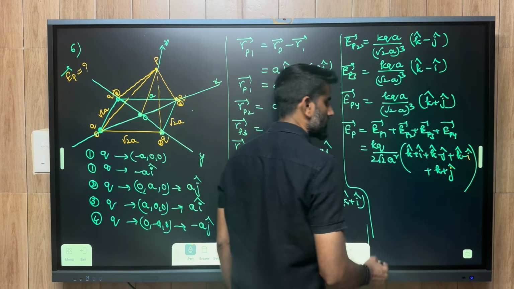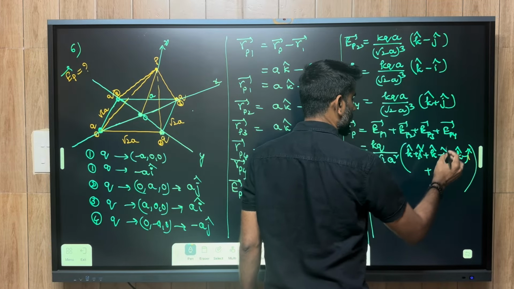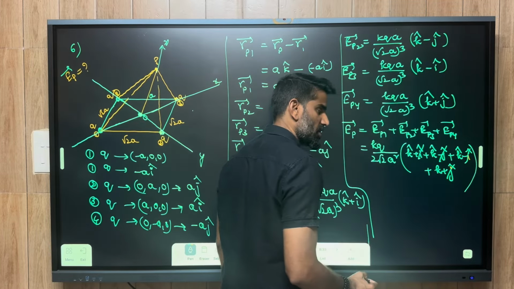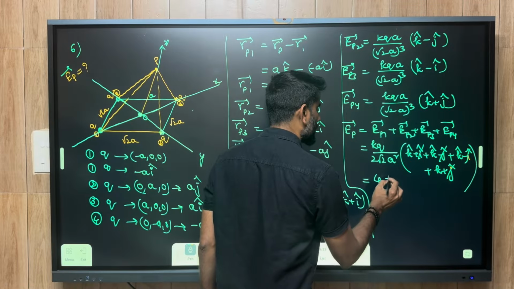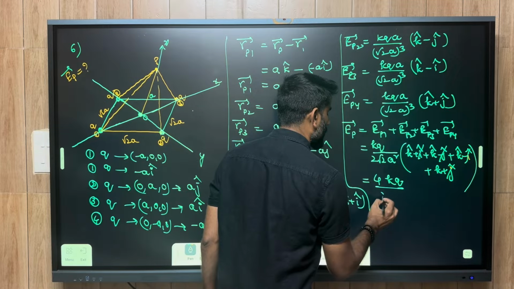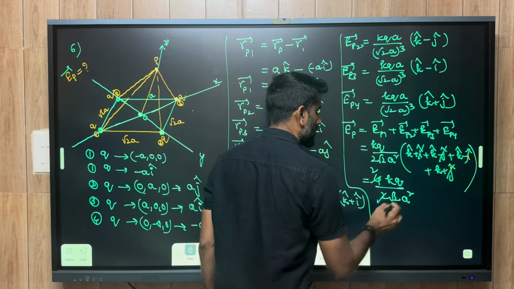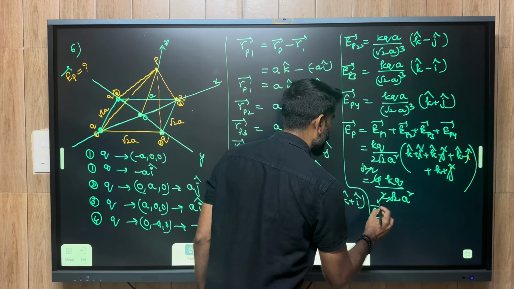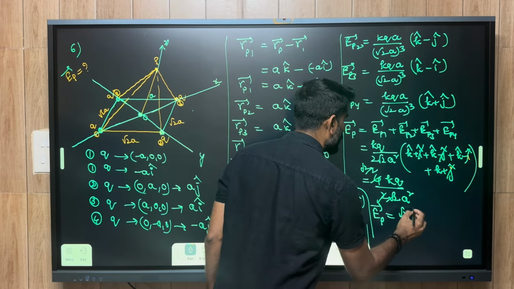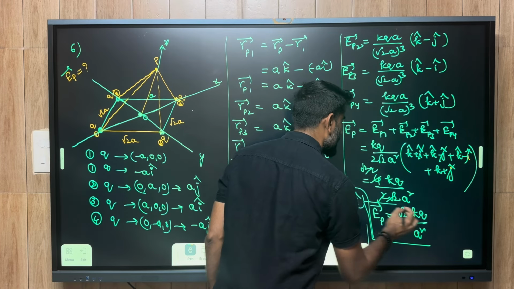When you look at this equation, the i cap and minus i cap cancel, the j cap minus j cap plus j cap cancel, and 4 k's will remain. So 4 times kq by 2 root 2 a square, the 2 root 2s combine. So finally the electric field at point P is root 2 kq by a square. So this is the answer.